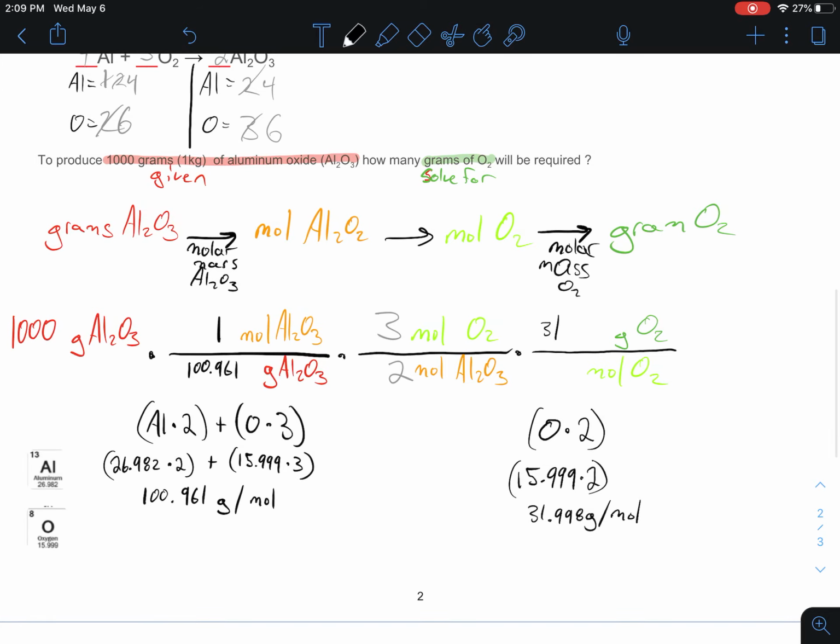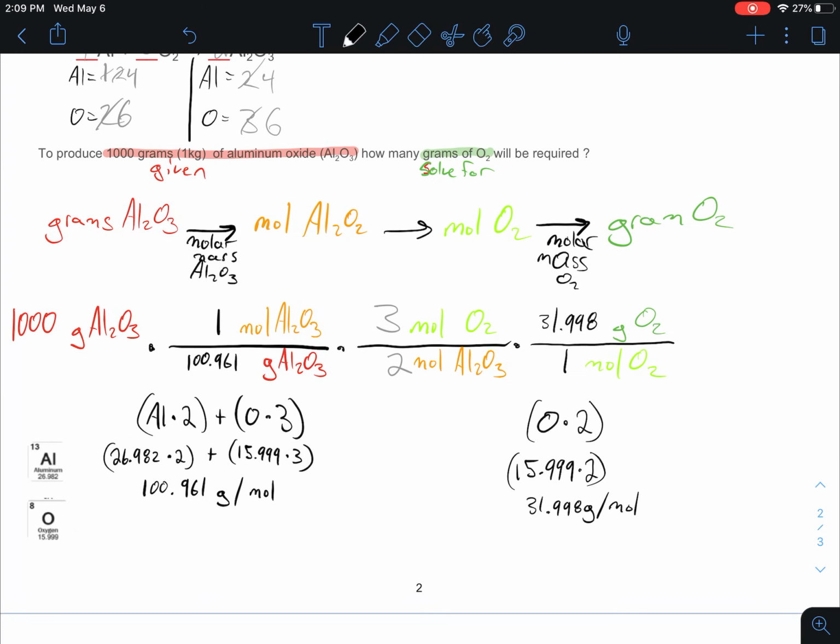It's 31.998 per 1 mole. 1 goes on the bottom. Take a moment to condense your numerators and denominators or solve it all the way through. Press pause now.